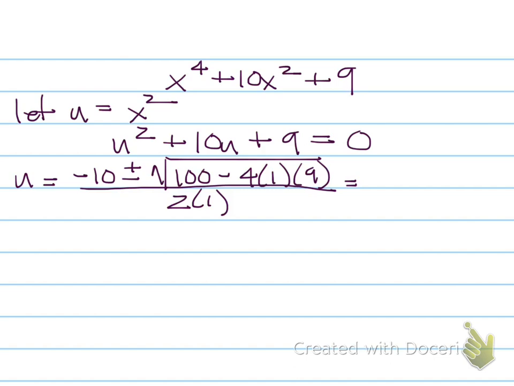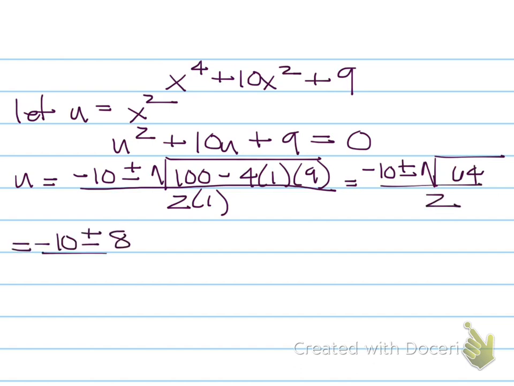And then we could just plug it into the quadratic formula, or we could have just factored that polynomial, because it is factorable. Factors are u plus 1 and u plus 9. So we could have found those factors by just using factoring.